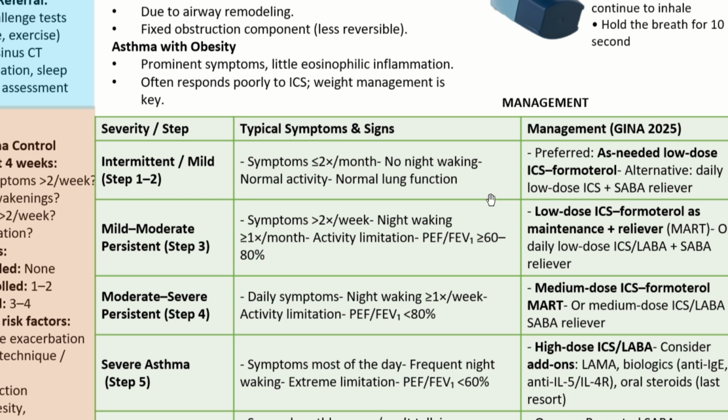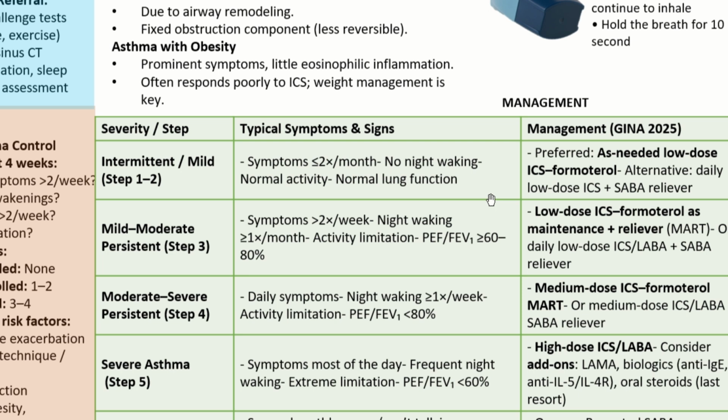And they're going to be using this for a few days, and most of the days as a reliever. Then other people sometimes give a short-acting beta agonist for the patient to use when they get the symptoms, as well as low dose inhaled corticosteroids separately. And this one is also okay, but the inhaled corticosteroid with formoterol has been found to prevent more attacks and have better outcomes most of the time.